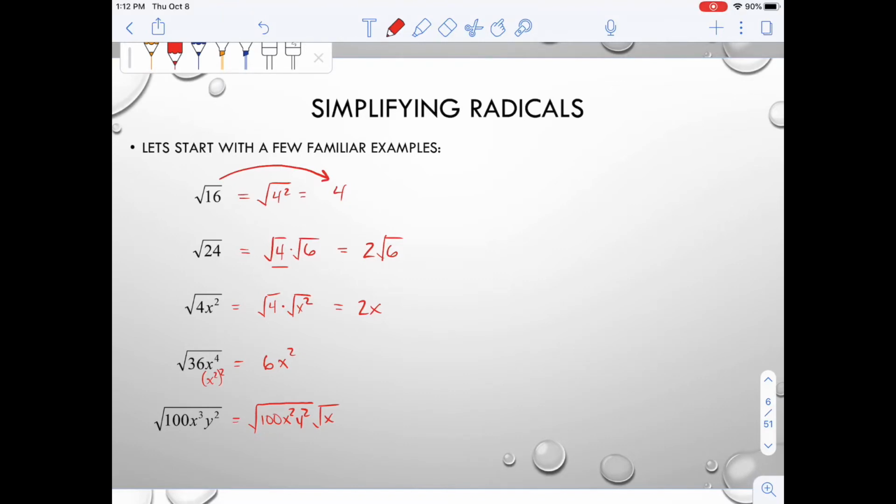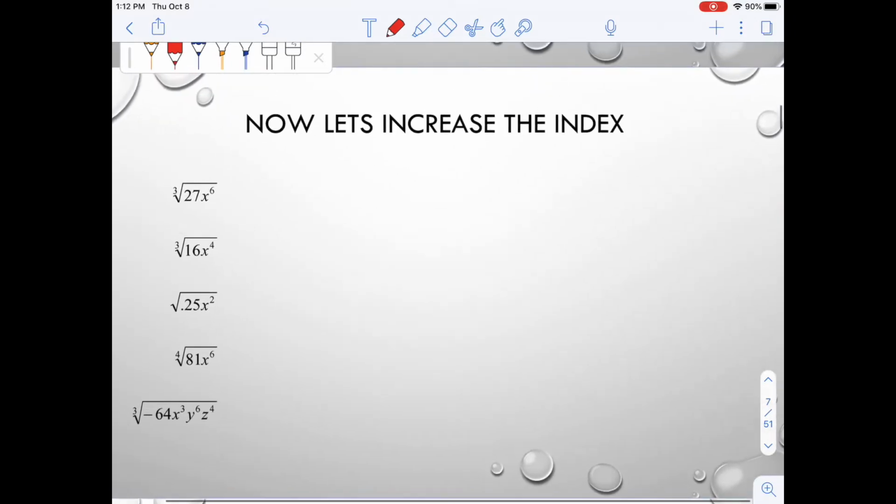So when I simplify from this first radical, we're going to have square root of 100 is 10, square root of x squared is x, square root of y squared is y, times the square root of x, which I cannot simplify. So that's one way you can break something down like that. Here in a little bit, I'm going to show you a way that's arguably a little bit faster.